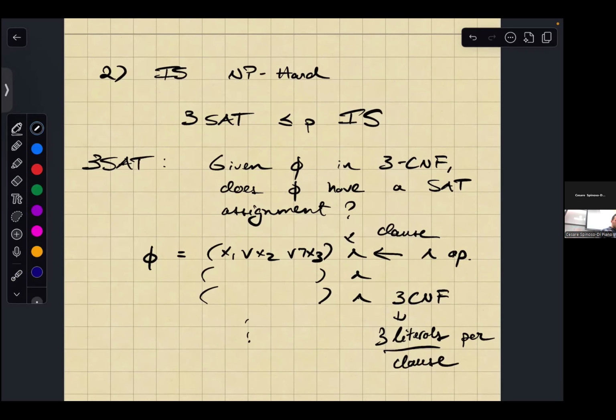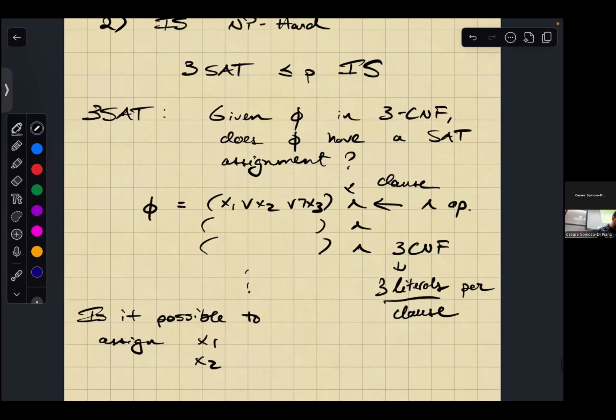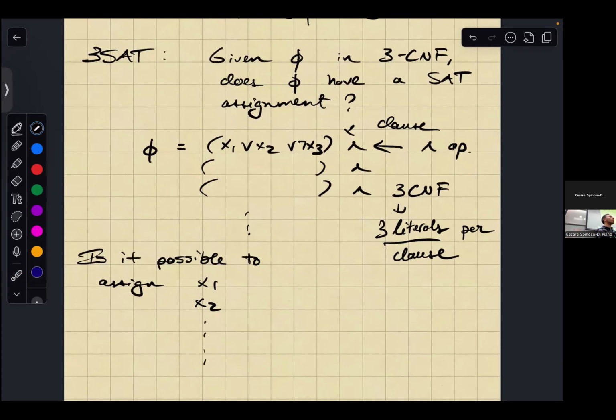Cool. All right. So I have this Boolean formula, and I essentially want to know, does it have a SAT assignment? In other words, is it possible to assign x1, x2, and all of the other variables in the formula phi to truth values such that the entire formula phi is true?